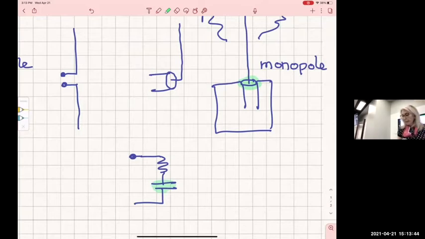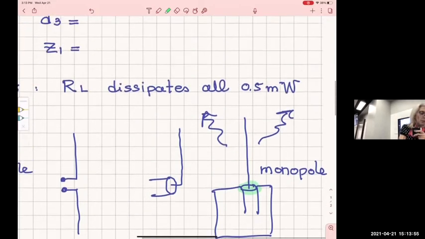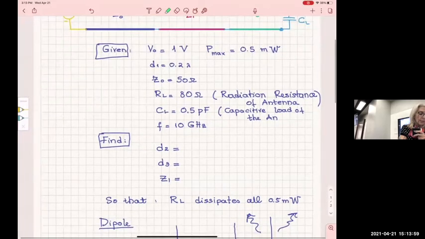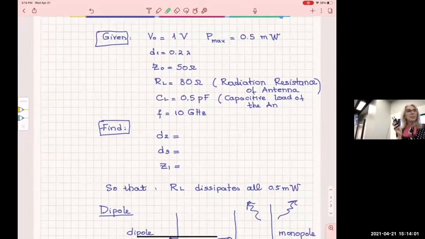So let's assume you wanted to design this one. Somebody gives you this monopole and tells you it will have this radiation resistance, R sub L, which is 80 ohms, and then a parasitic capacitance because of the feed with the coaxial. Now you understand why it is important to understand why a coaxial creates a parasitic capacitance: there are all of these charges.